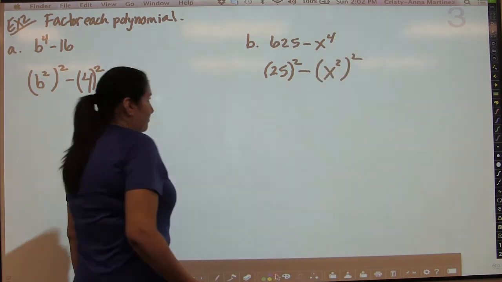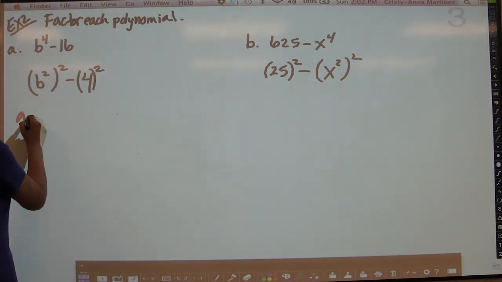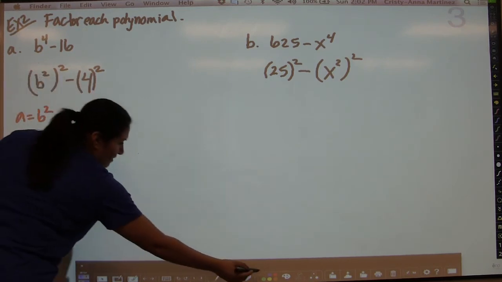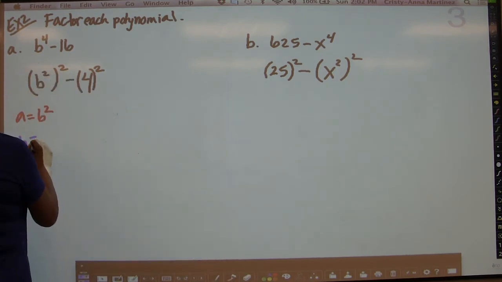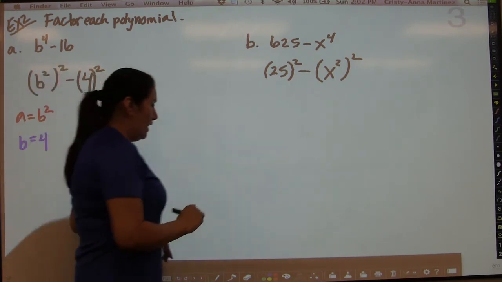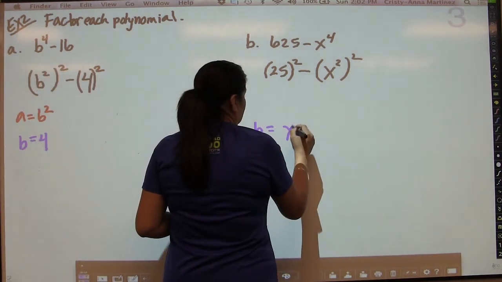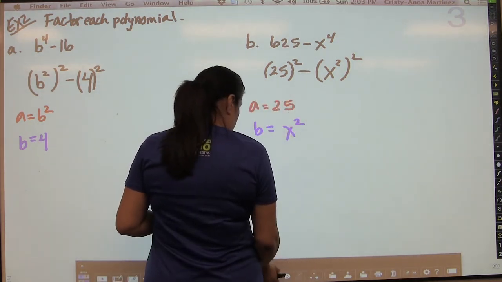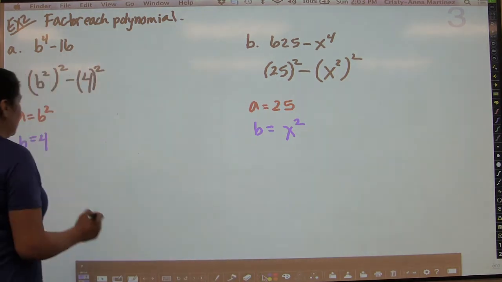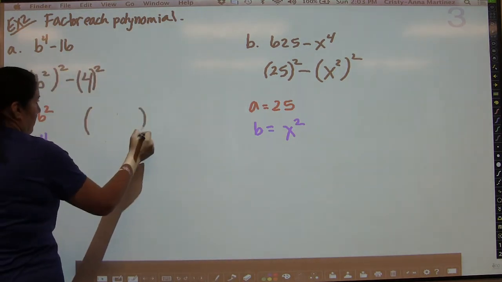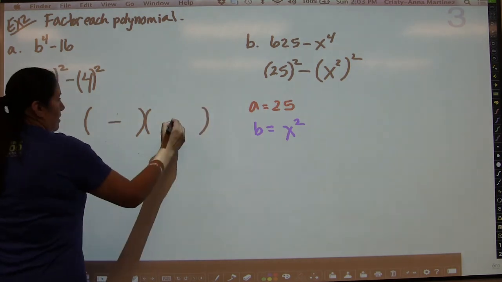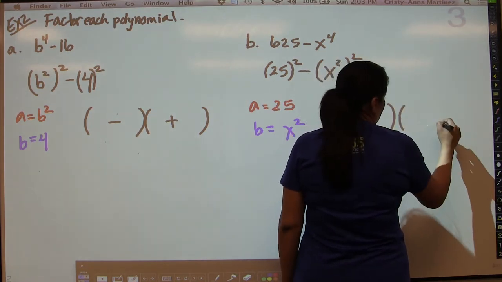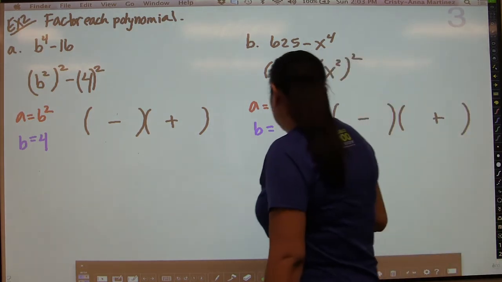When we do that, our A value is b squared. This is my A squared minus b squared. My B value is 4. Over here, my B value is x squared, and my A value is 25. So like before, we're going to take our formula, which says A squared minus b squared is going to become A minus b times A plus b, or A plus b times A minus b, either way.